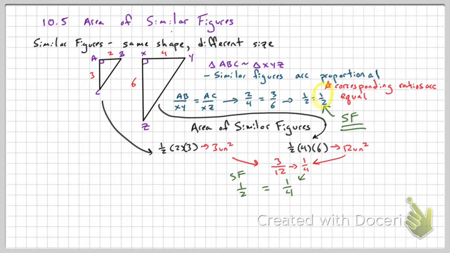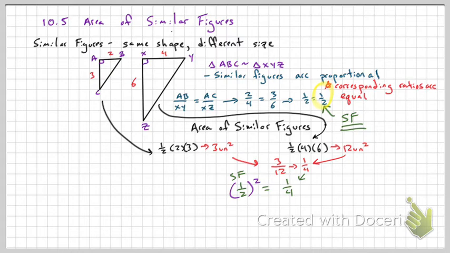how could I make those equal? What would you do to 1/2 to get 1/4? It wouldn't be 1/2 plus 1/2, because 1/2 plus 1/2 is 2 over 2, which equals 1. So how do I get this ratio to equal this ratio? The answer is we square it, because 1/2 squared is 1/2 times 1/2, which becomes 1/4.